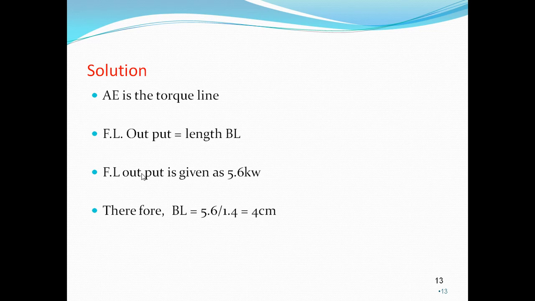So this 5.6 by 1.4. Our total power is 5.6. So what is the BL? BL is 1.4. So 5.6 by 1.4 will give the 4 centimeters.